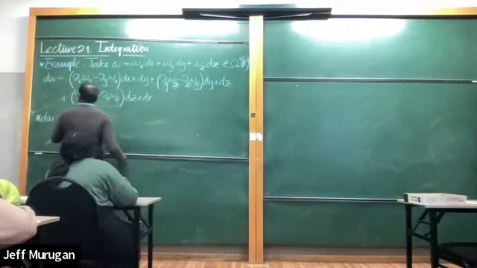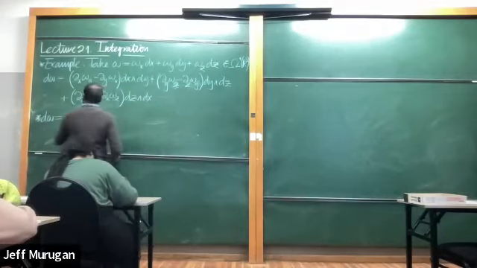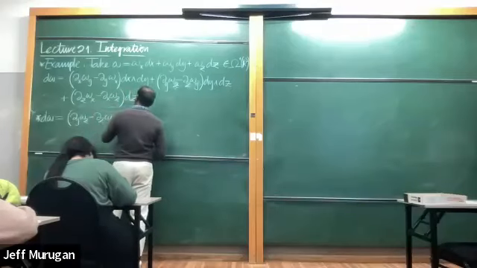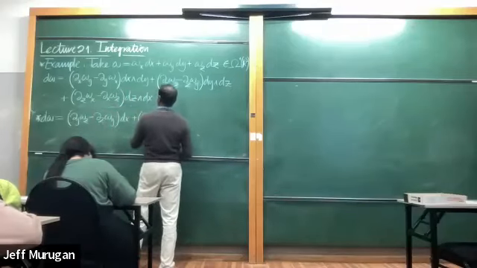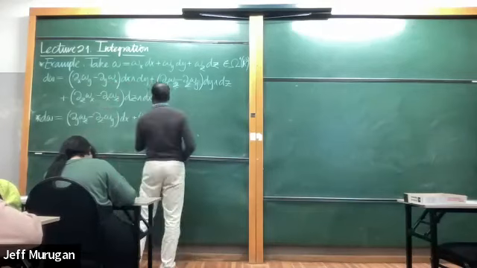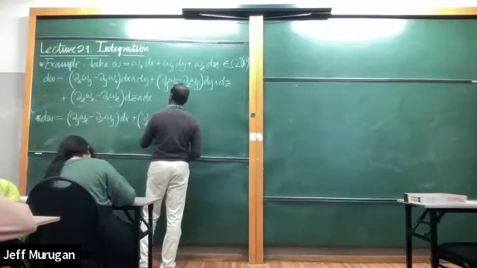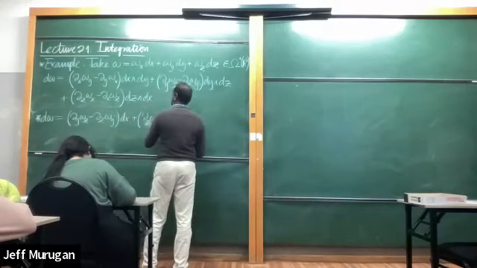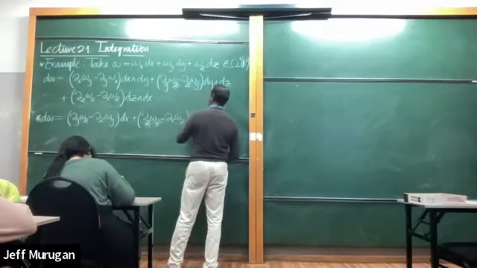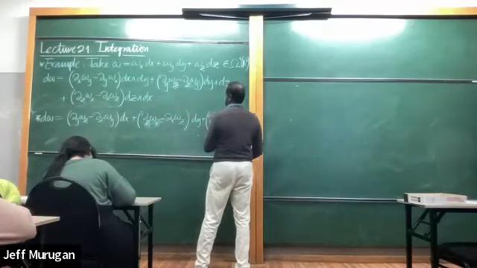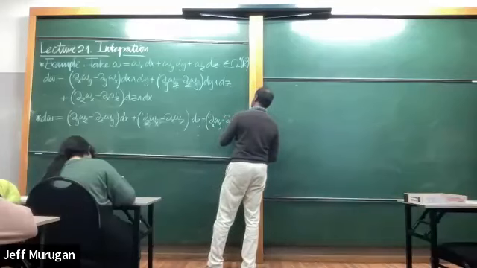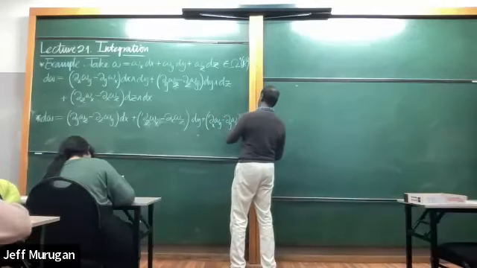So the output here is something that looks like dy omega z minus dz omega y, dx, plus dz omega x minus dx omega z, dy, plus dx omega y minus dy omega x, dz.